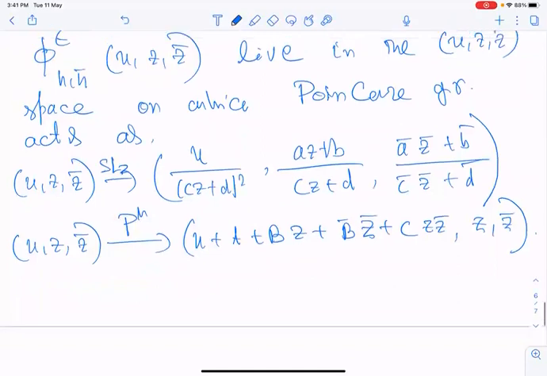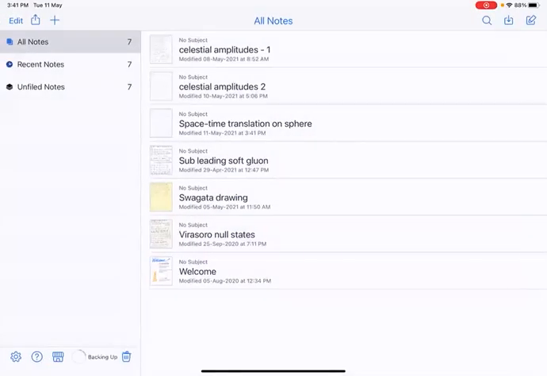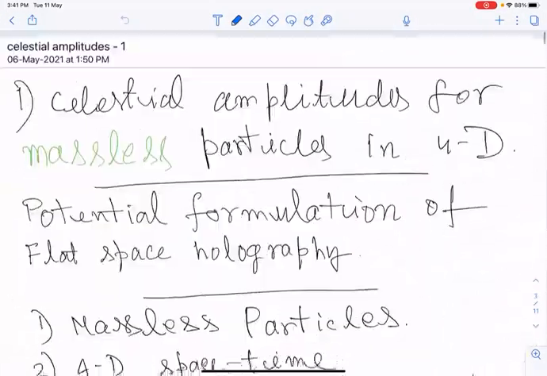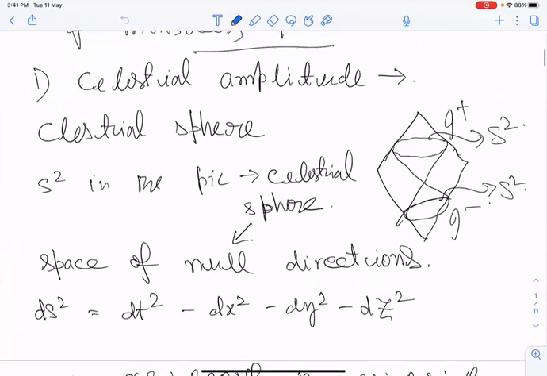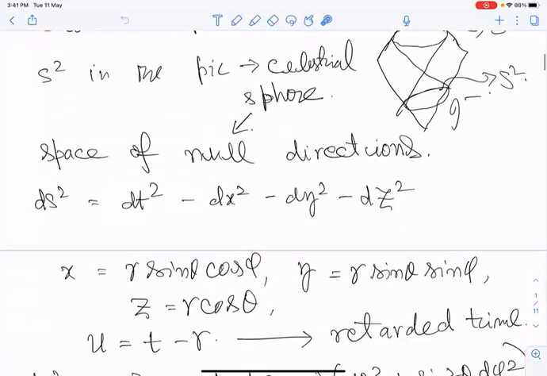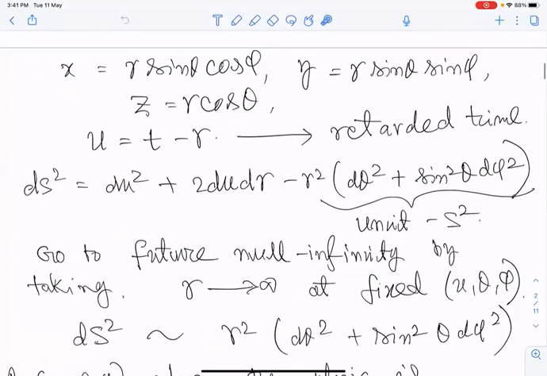Now it turns out that this is essentially the way. So now let me go back to the last talk where we talked about this sphere. This is a Penrose diagram of the Minkowski space. Here I have written down the metric, and then we went to the coordinates r, theta, and phi, and then I have the retarded time u.